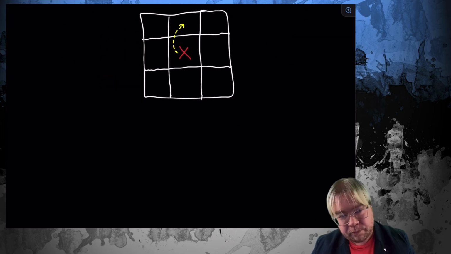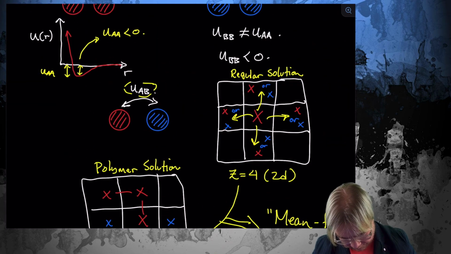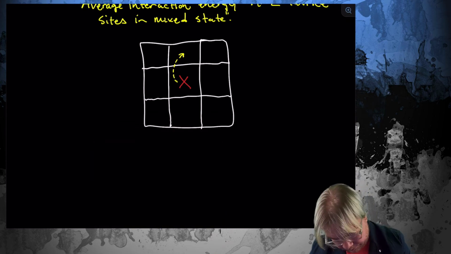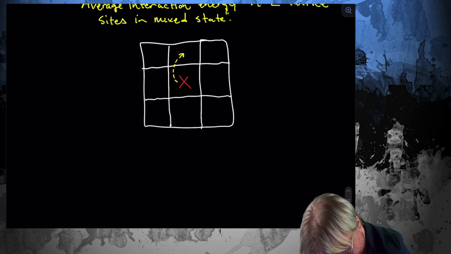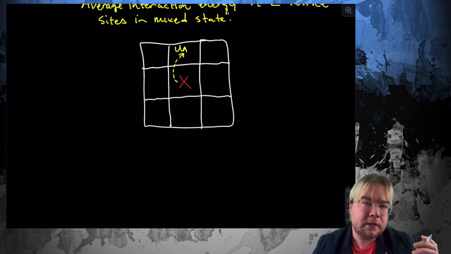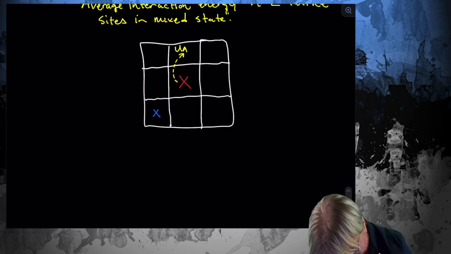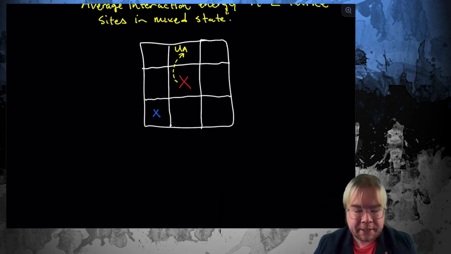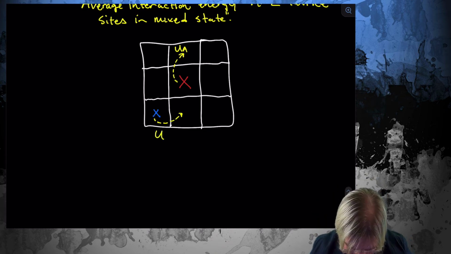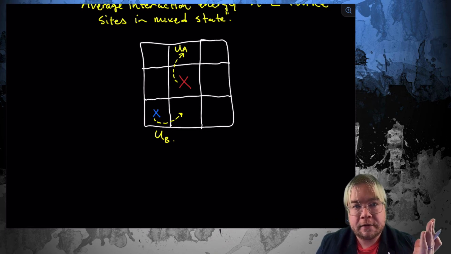We can do the same thing with B. So the way I've drawn it here, this is going to be UA. But if that particle was a B particle, let me draw it on the same lattice, then I'm going to look at what the average interaction energy will be between a B particle and another lattice site. And that will be given by capital UB.